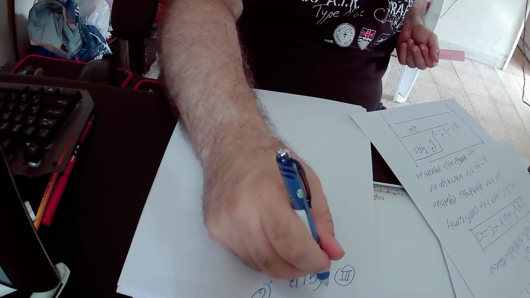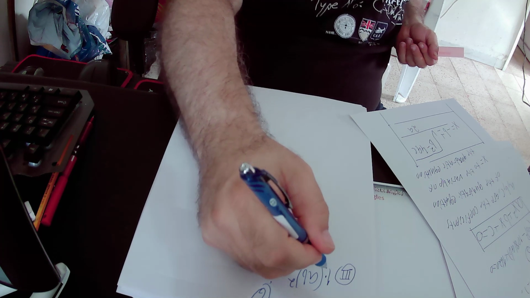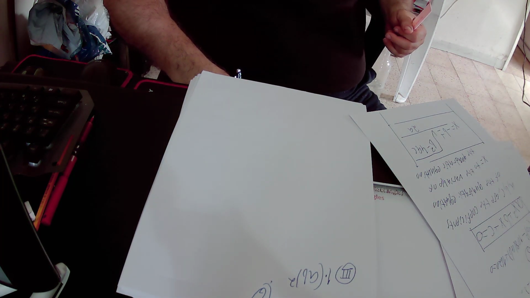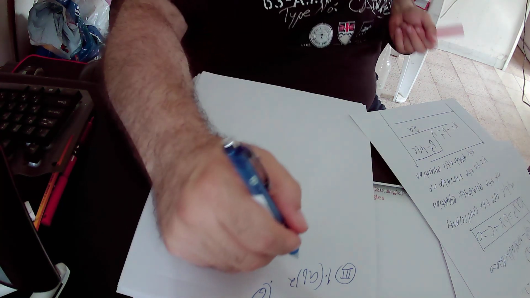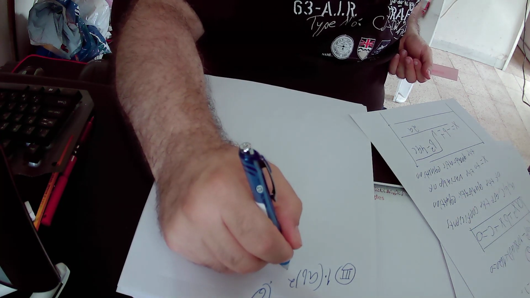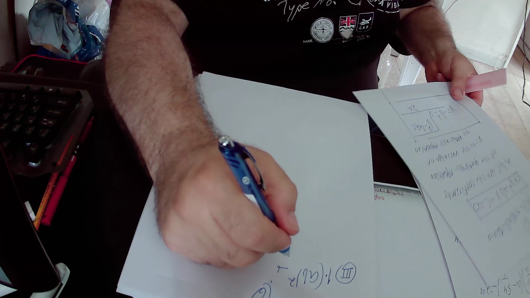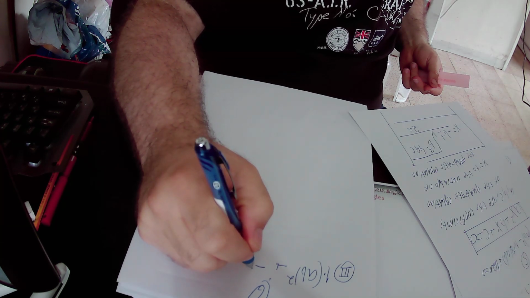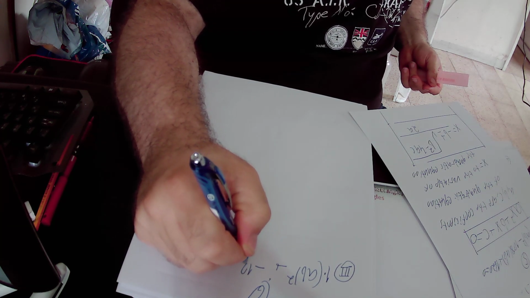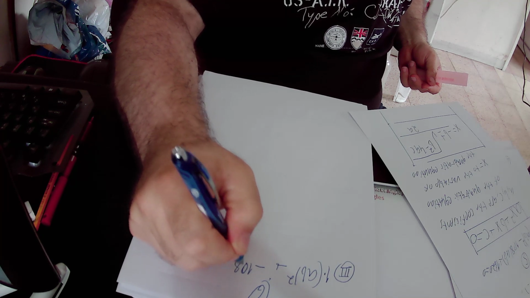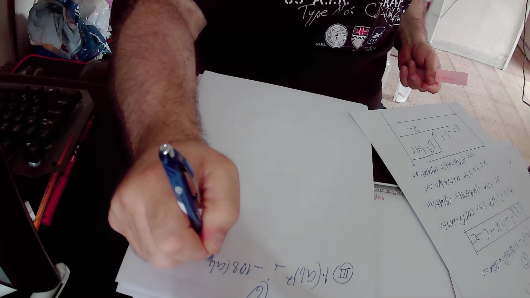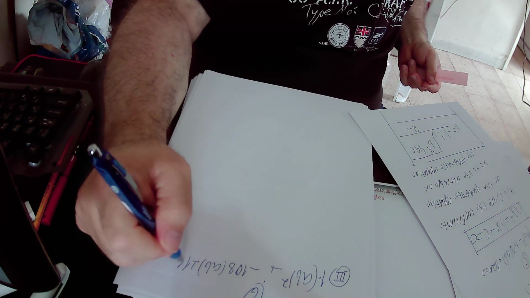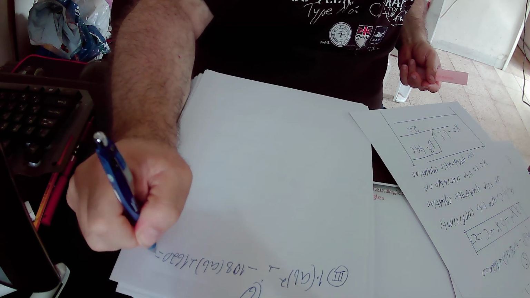When we multiply something by 1, we are not changing the value of it, so we can multiply by 1 AB squared plus or minus 108 AB plus 1620 equals 0.